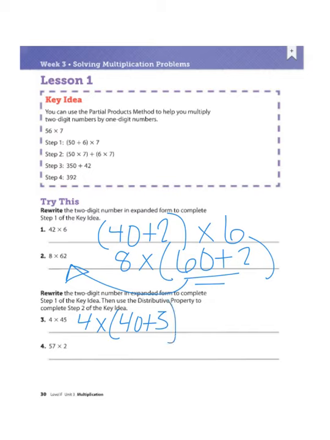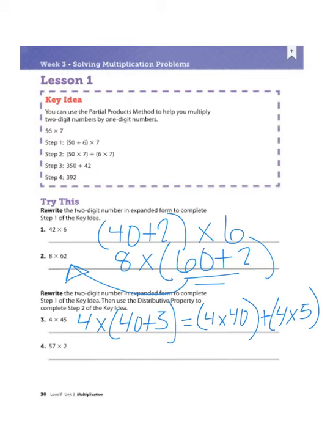Now I'm going to take what's inside my parentheses and multiply that. So now I'm going to take 4 times 40 plus 4 times 5.